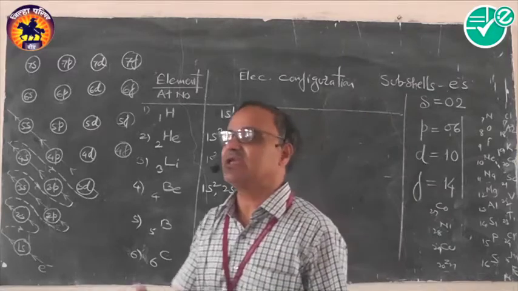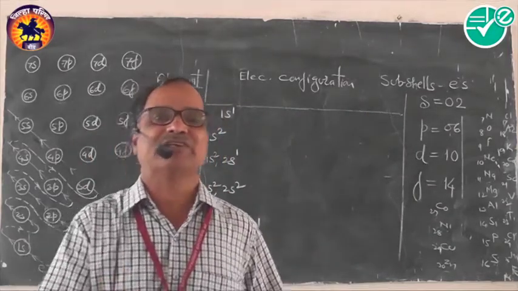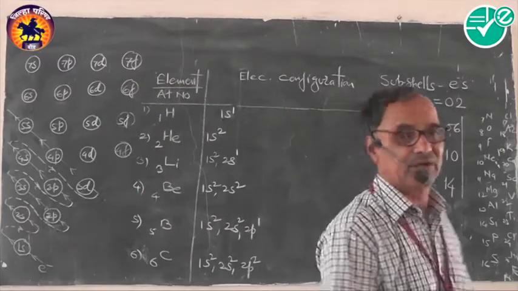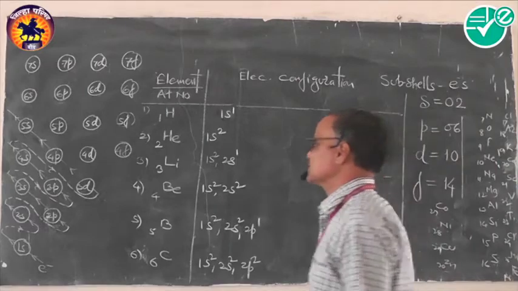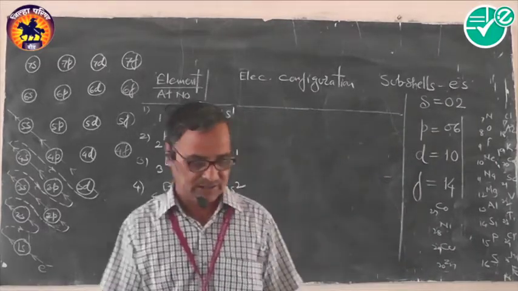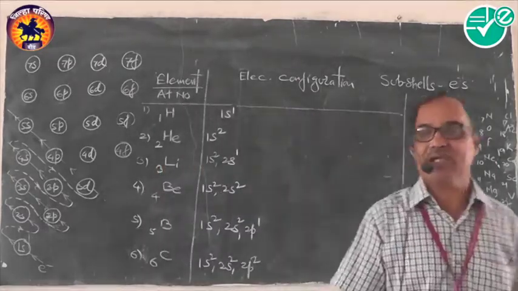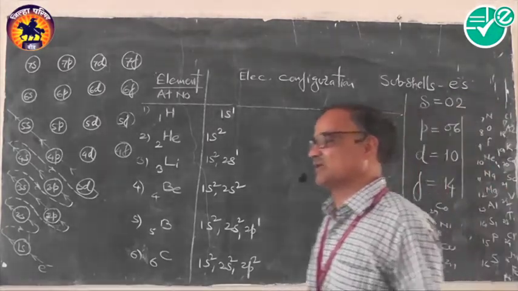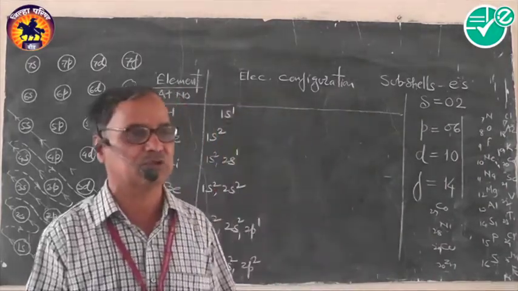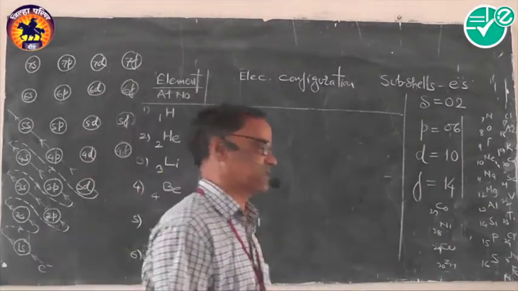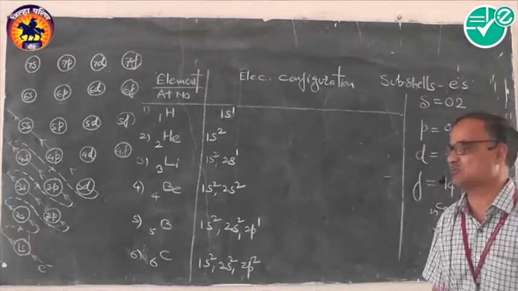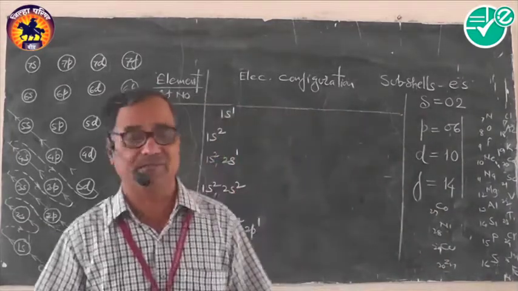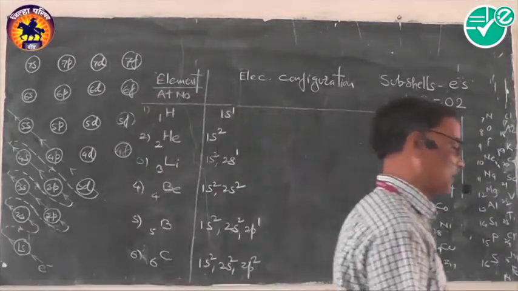Similarly, the d subshell has a capacity to accommodate a maximum of 10 electrons. So maximum 10 electrons are accommodated in the d sub-energy level. Hence the distribution of electrons in the d sub-energy level also has much more importance than in the s sub-energy level. And finally, the f sub-energy level contains 14 electrons.